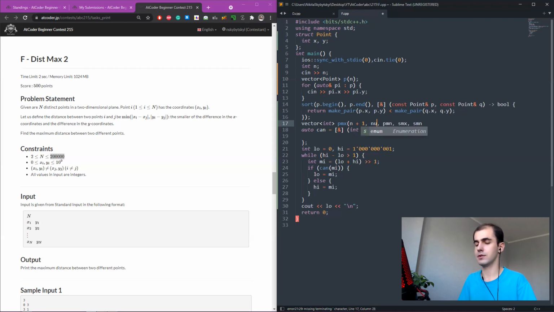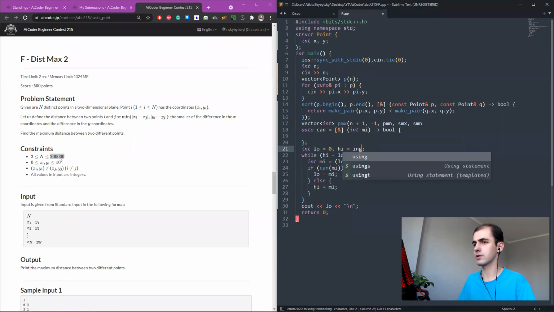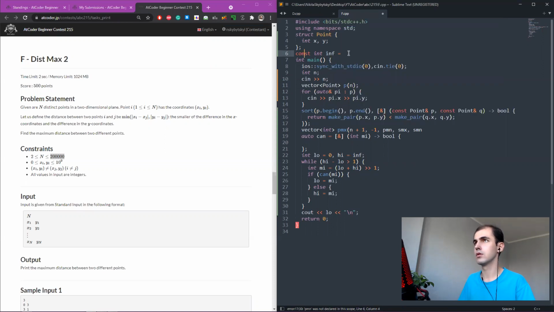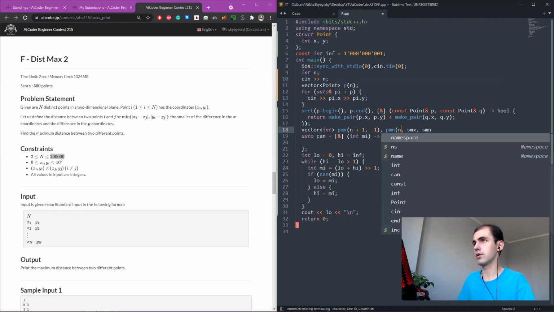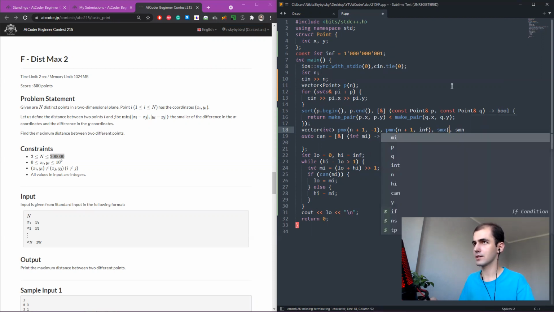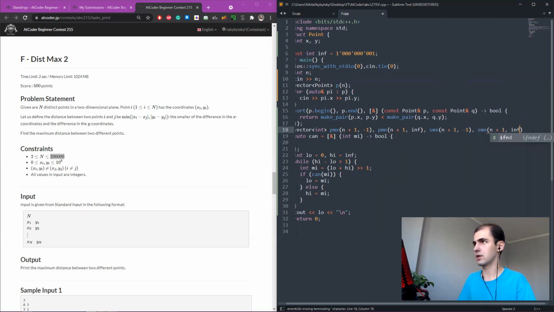Maximums should be initialized with something like -1. Also, I call this inf, so n+1 inf. Suffix maximums should be initialized with -1, suffix minimums with inf, right?